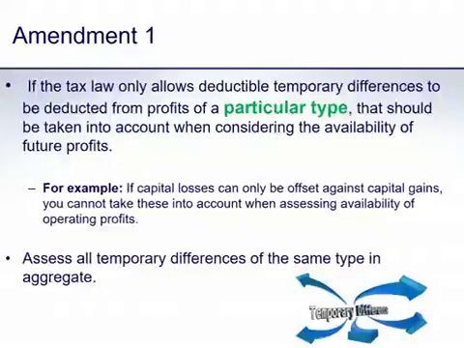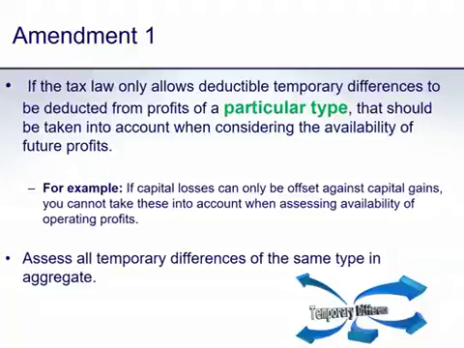The first amendment says, if the tax law only allows a deductible temporary difference to be deducted from profits of a particular type, that has to be taken into account when considering the availability of future profits. Remember, we said you can only recognize a deferred tax asset if you believe that there will be future taxable profits against which you can utilize that deductible temporary difference.